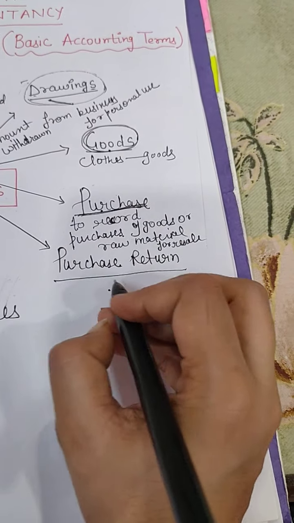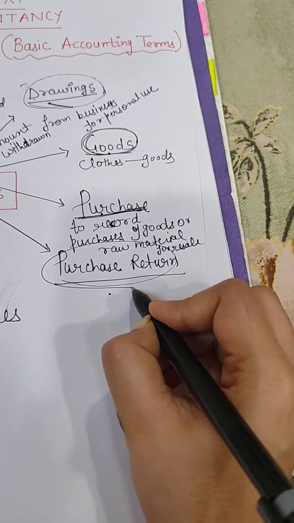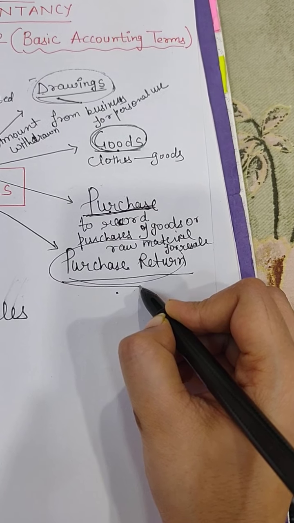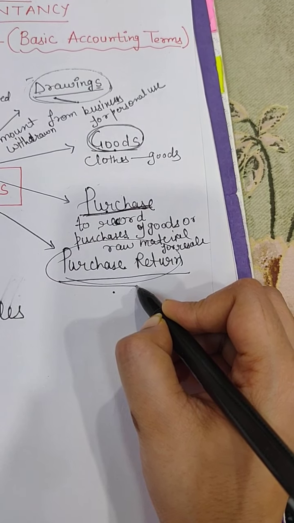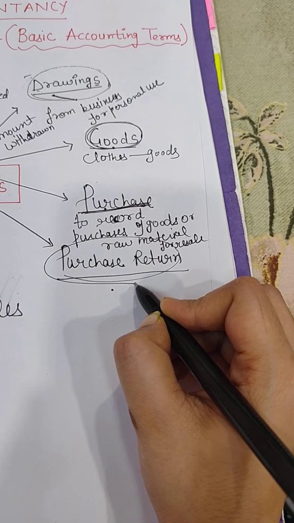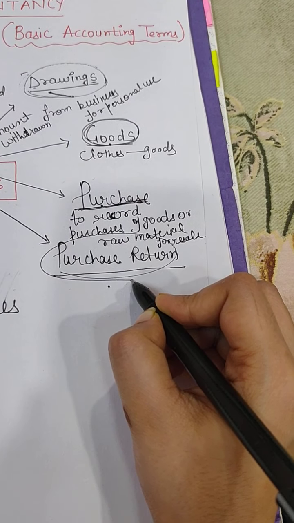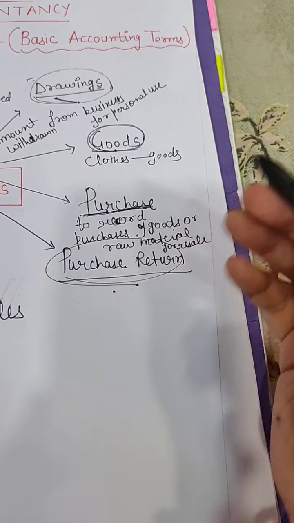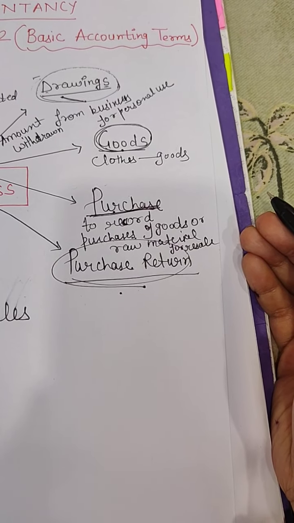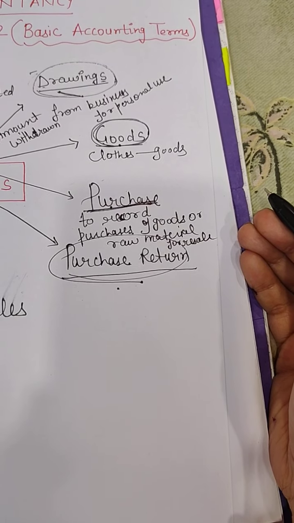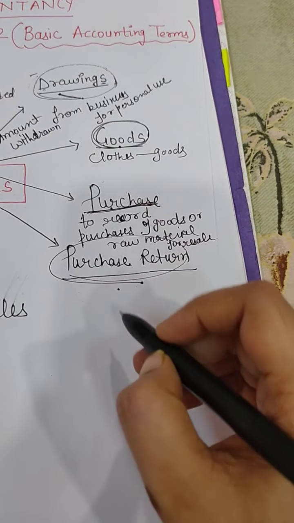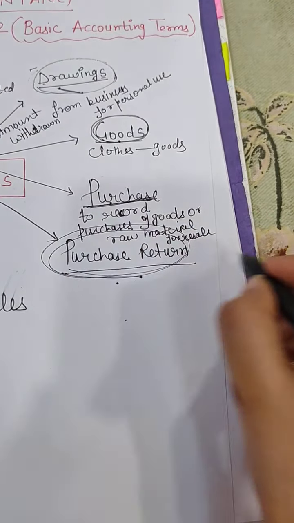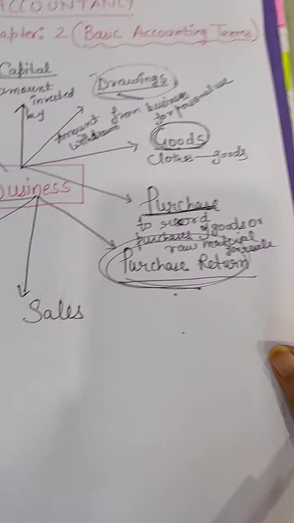That term is used when we are returning the purchased goods. Purchase return is the account in which we write the amount of goods which we are returning to the person from whom we purchased them. So when already purchased goods are returned, that has to be recorded in the purchase return account.